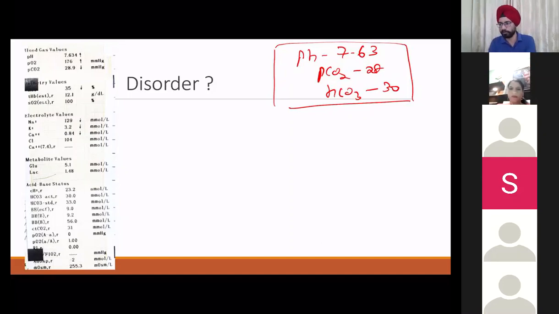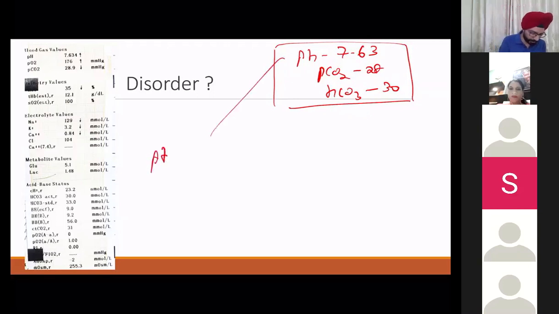I think we can switch on. Shall we unmute everybody? Okay, so Shivika says metabolic alkalosis, respiratory alkalosis, but Dr. Paneet also says that. Yeah, so that is correct.